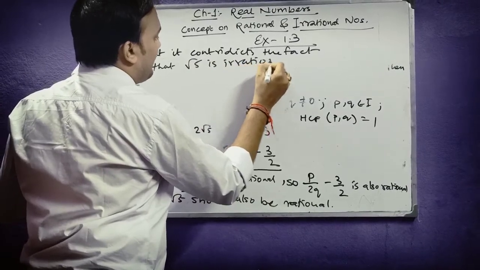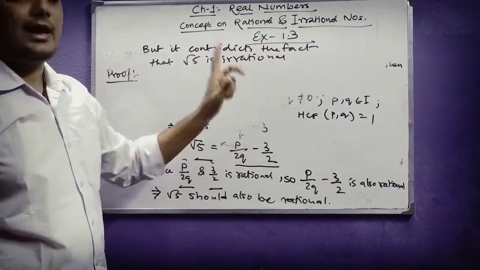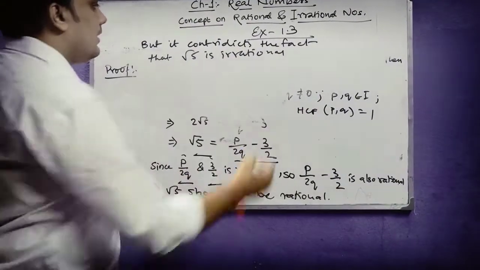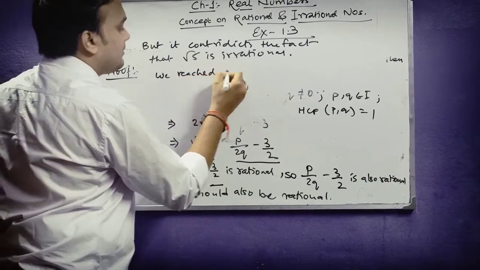We are getting root 5 as rational here after the calculation, but it is contradicting the fact that root 5 is actually irrational. We reached a contradiction.